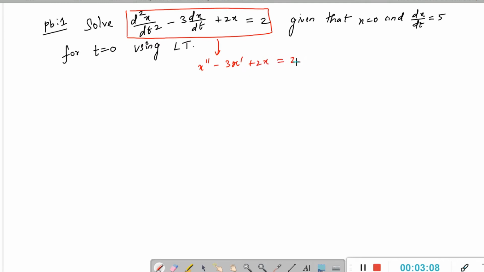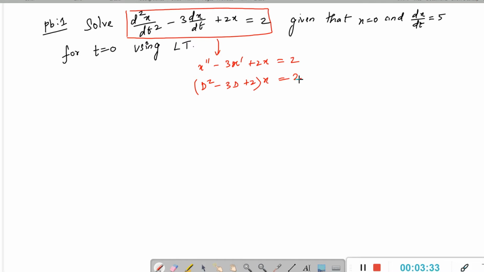Sometimes we can write the same equation as (D square minus 3D plus 2) into x equal to 2. Like that sometimes they may give the differential equation, but we are using the same methodology to solve these three equations.